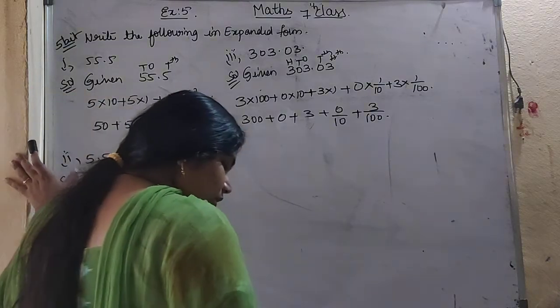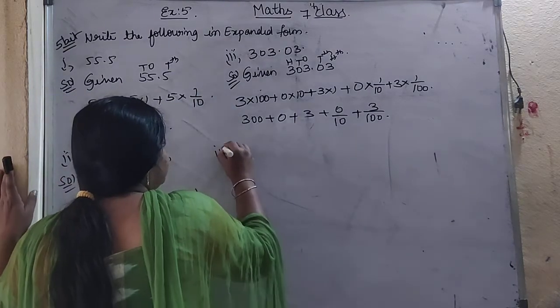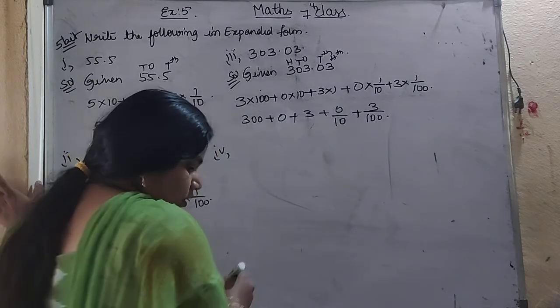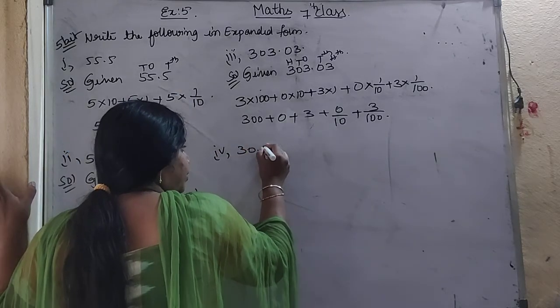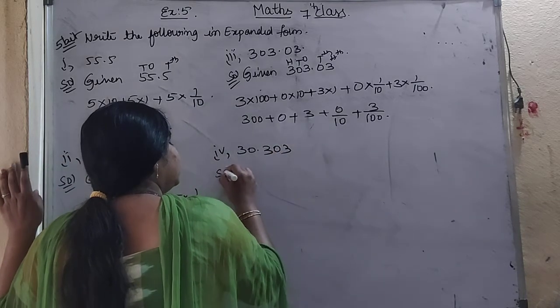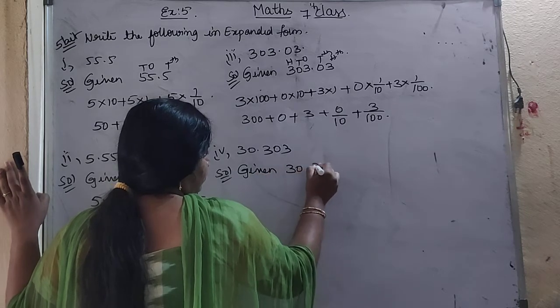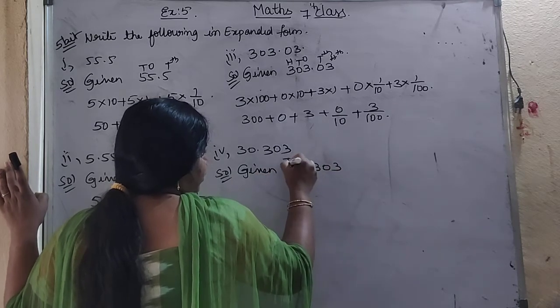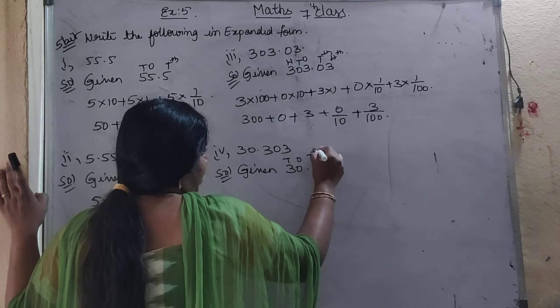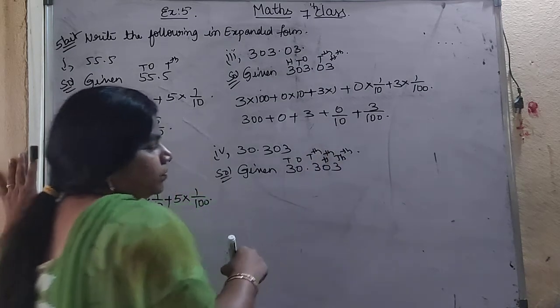Okay, so next is the fourth one, 30.303. First write the place values. Ones, tens, this is tenth part, hundredth part, and this is thousandth part.